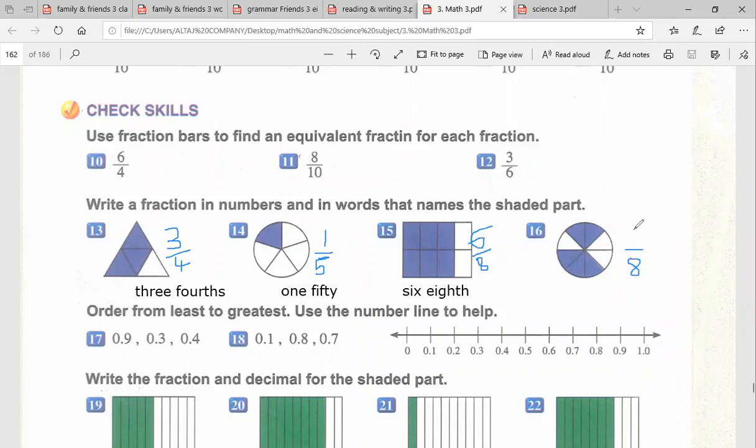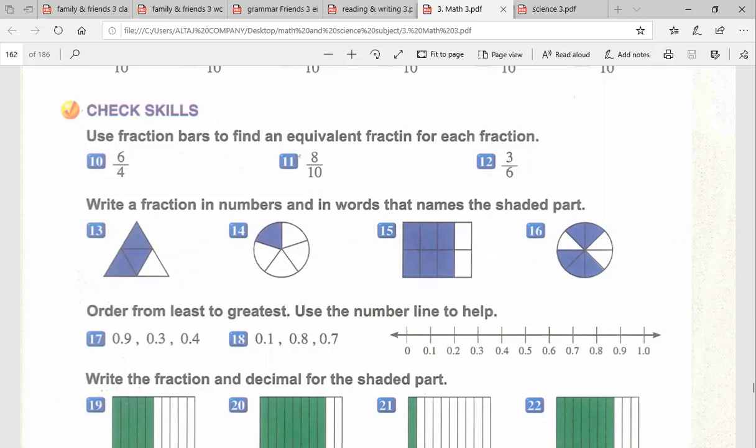So 5. So we are done. Let's go to question 17.